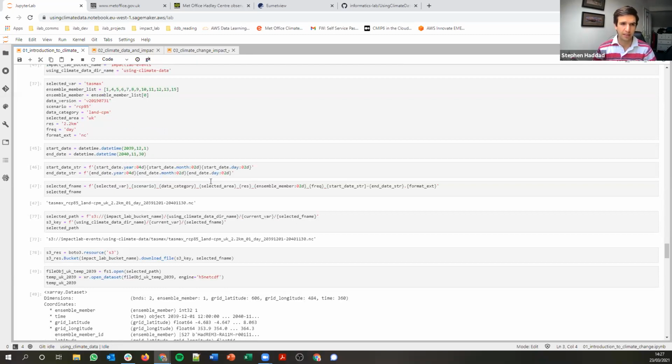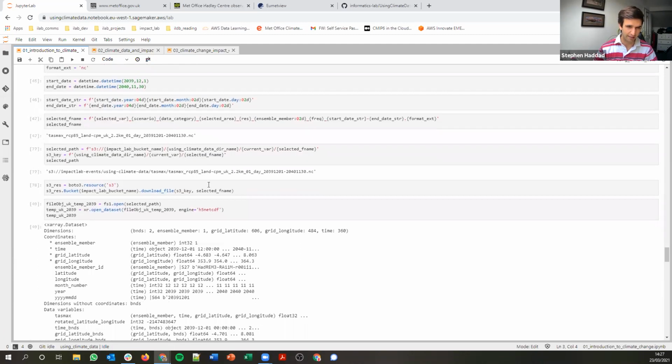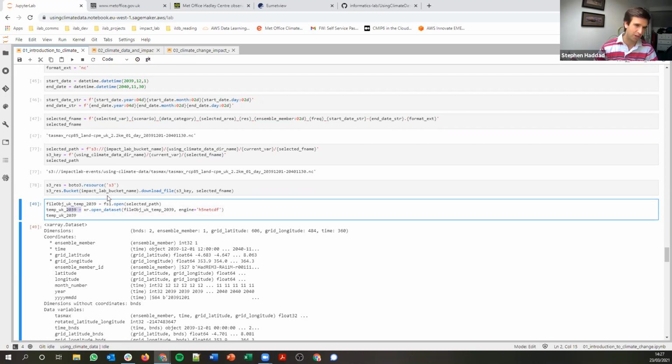Then you can load the data and see what you get. For example, here I'm loading the temperature forecast for 2039. This is just one of the possible forecasts, because it's one member in our ensemble, as we mentioned.